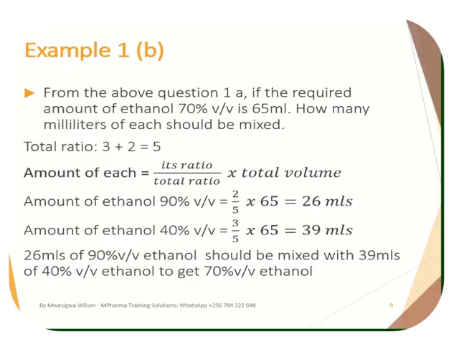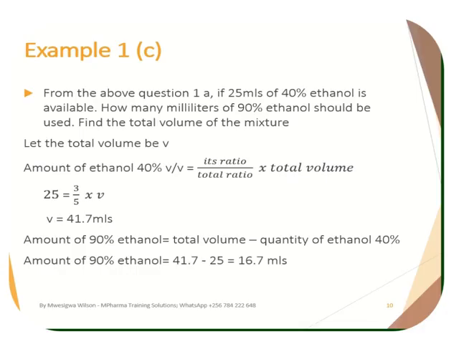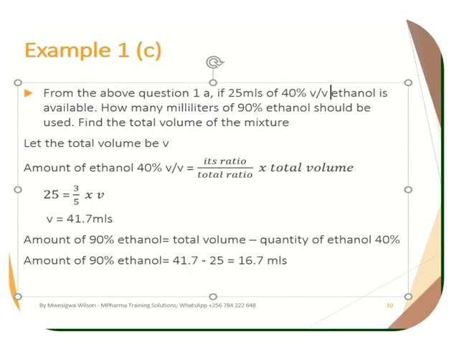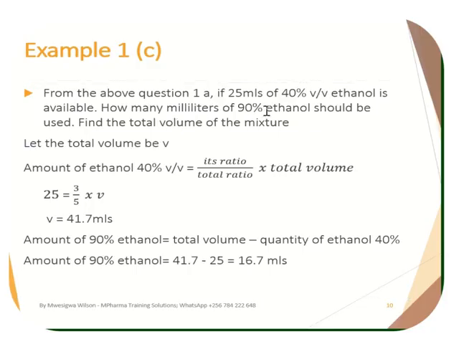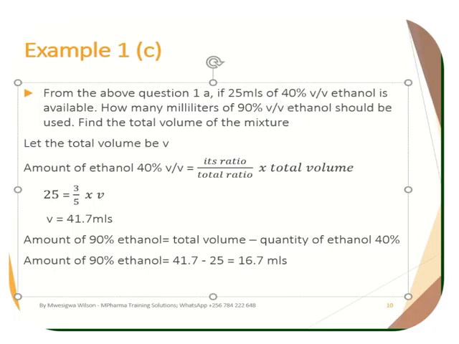Now, this is question 2, where I give a total volume. However, see, from question A, if they gave you only the volume of 1, they say that if 2.5 mL of 40% volume per volume ethanol is available, how many mL of 90% volume per volume ethanol should be mixed?